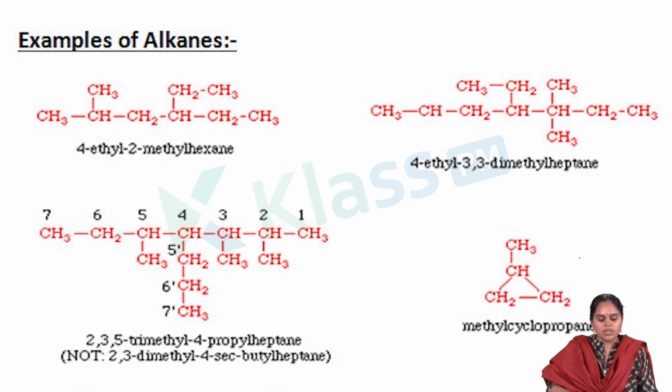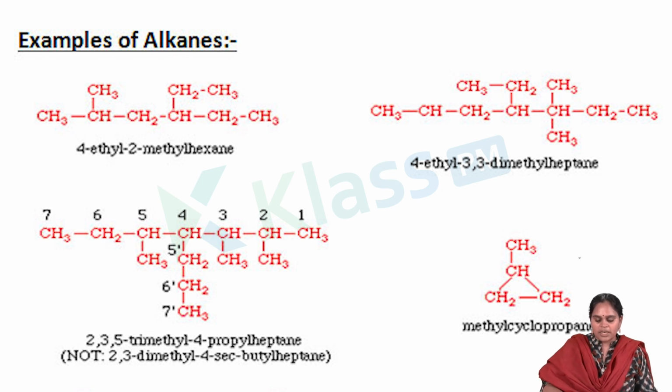All are single bonds, 6 carbons, so hex plus ane, hexane. See this example, 1, 2, 3, 4, 5, 6, 7. This is the longest chain we have to find. 4 ethyl, 3,3 dimethyl, heptane. 7 carbons are there, so it is heptane, all are single bonds, so ane.